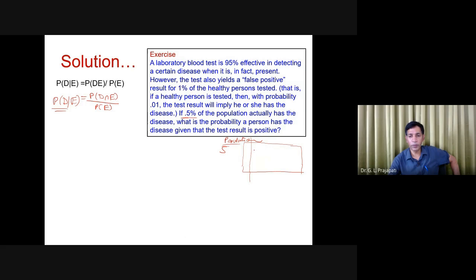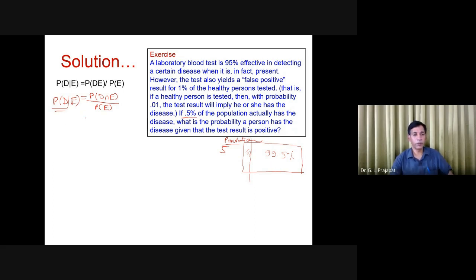What is the healthy population? 99.5%. And here you have 0.5%. So you have the two partitions. One is having the disease, and the other is having no disease, actually a healthy person.